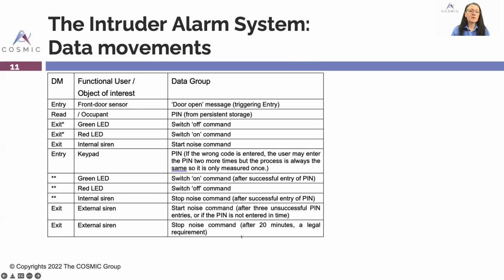And this is a legal requirement. It could be different in every city, but let's say that in this particular town, after 20 minutes that an alarm, let's say a burglar alarm, went on, it needs to stop. Then a timer must be used to stop the external siren after 20 minutes.